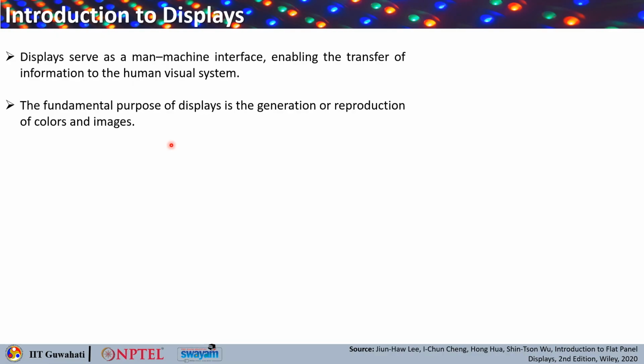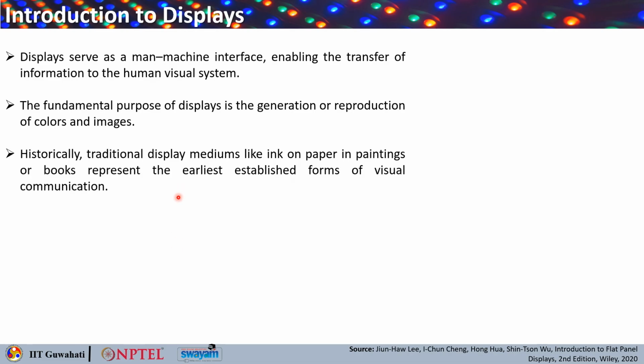So the fundamental purpose of display is basically the generation or reproduction of colors and images. So historically, traditional display mediums like ink on paper, in paintings or books, they basically represent the earliest established form of visual communication.